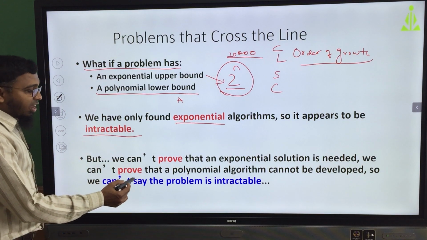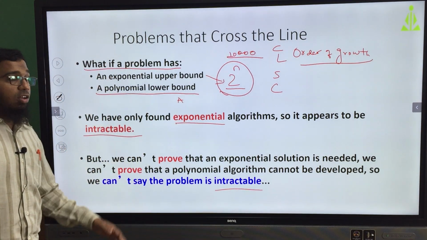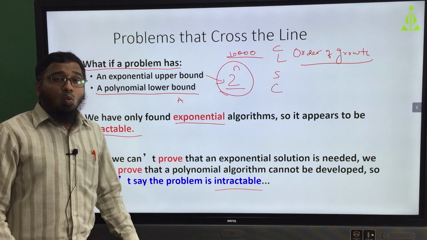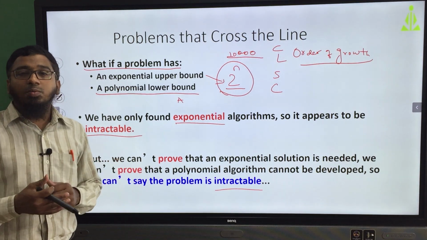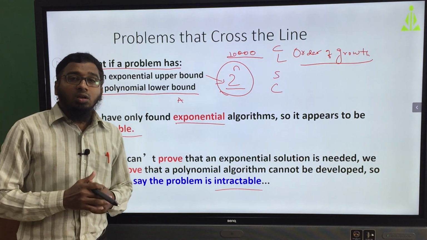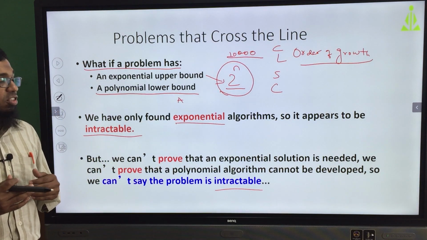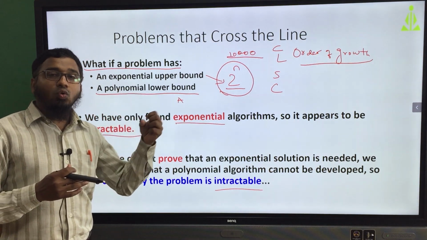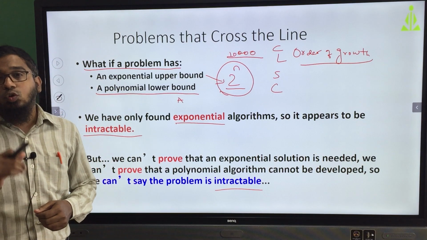So we can't say the problem is intractable. In the next slide you are going to see that when we have non-deterministic polynomial problems, we need to guess the things and get the answer, but when we come to polynomial time, we will get the accurate answer.